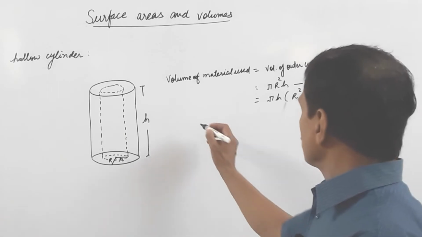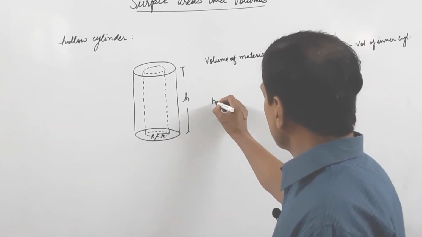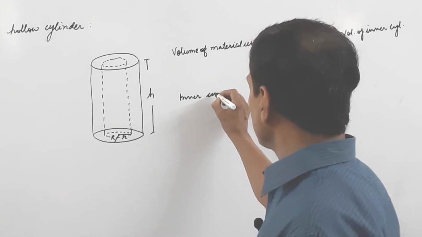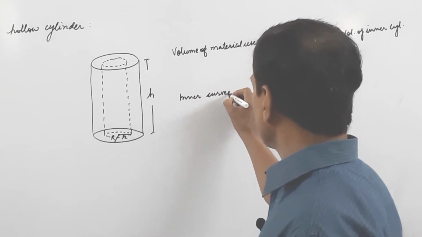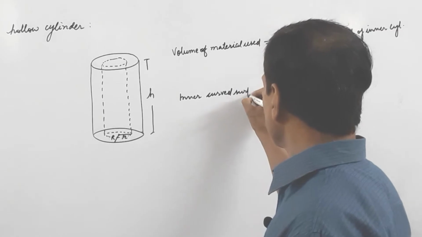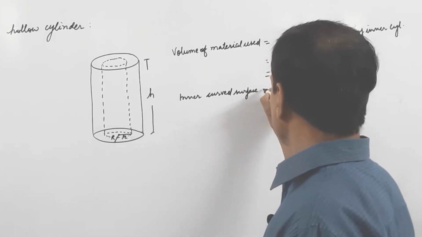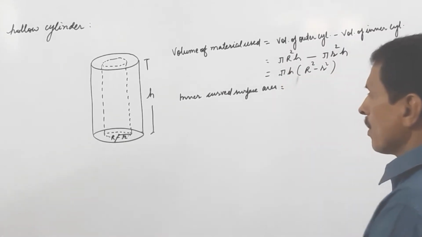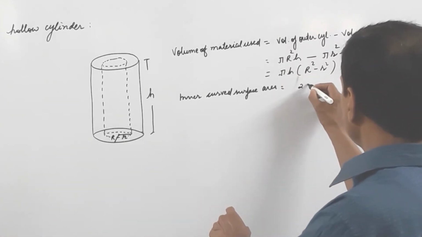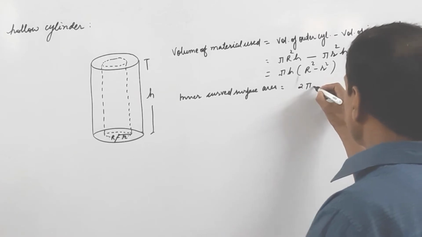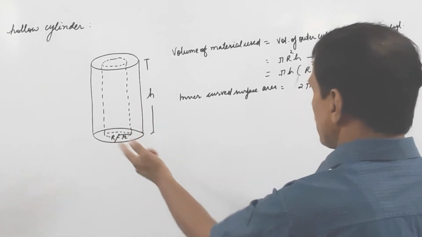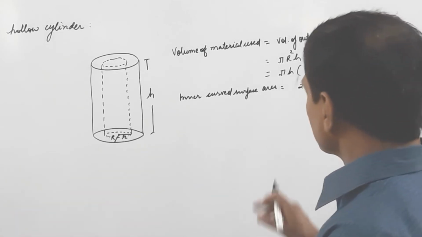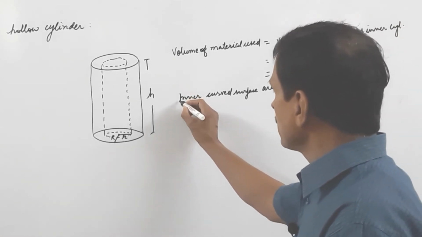Then curved surface area, inner curved surface area is equal to 2 pi radius of the inner cylinder into h. This is inner curved surface area.